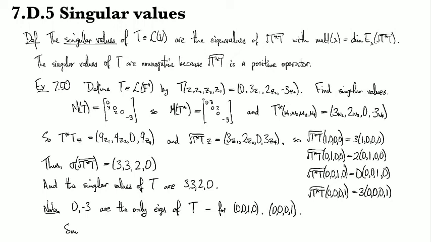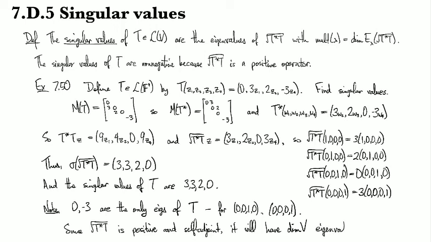But since T star T is positive and self-adjoint, it will have as many eigenvalues as the dimension of the space that we're working with.